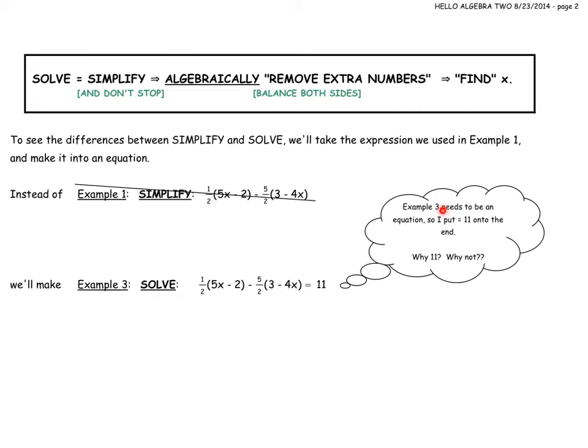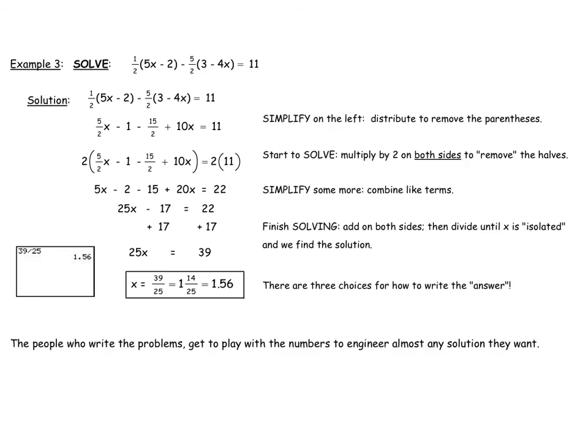And again, I had to choose a number. I chose 11. Why? Why not? I needed a number, and 11 was as good as any other number. I wrote out the solution to the problem for you. I showed you how I distributed and got 5/2 x again, and distributed and got -1 again, and -15/2, and plus 10x, but now it equals 11.